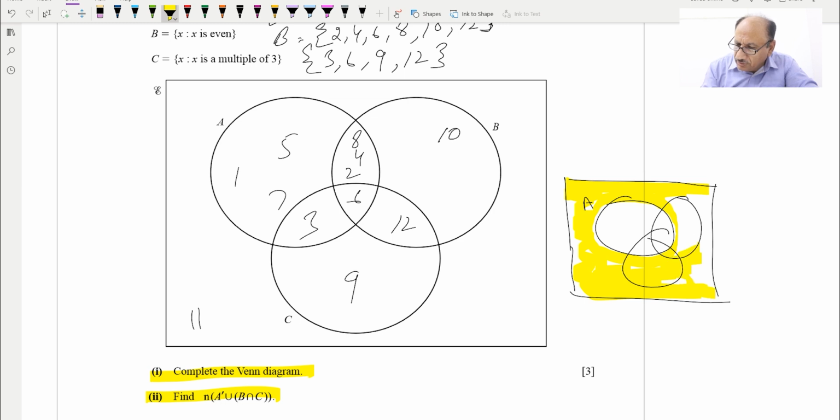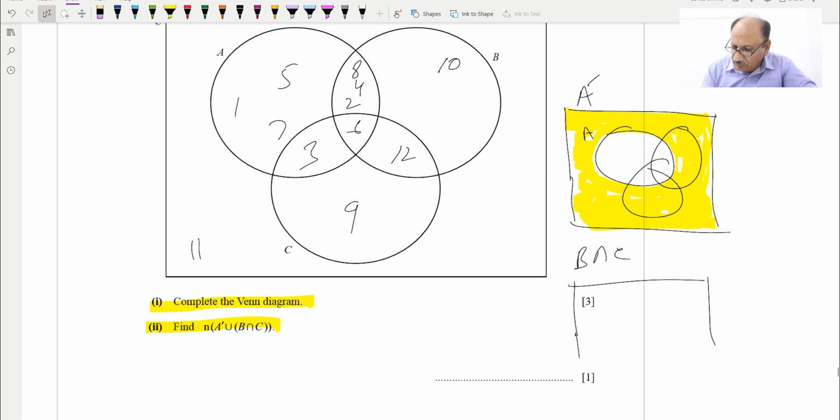So this will be our A complement. We can draw it like this to understand. So this will be our A complement. And then they are saying B intersection C. So B intersection C we can draw, and that will be what?